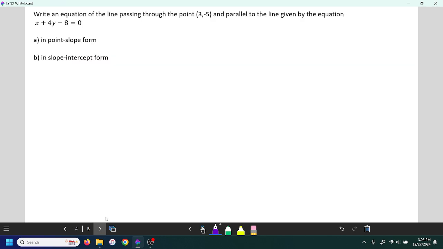So here we have an equation of a line, and we want to write an equation of a line that's parallel to that one. And we want this other line to pass through the point 3, -5. So our point slope form is going to be pretty helpful here because we know a point that we want the line to pass through, and we know it needs to be parallel to this one, which means it needs to have the same slope.